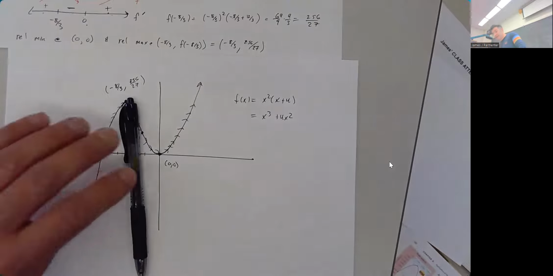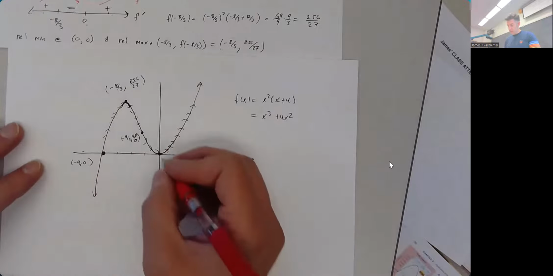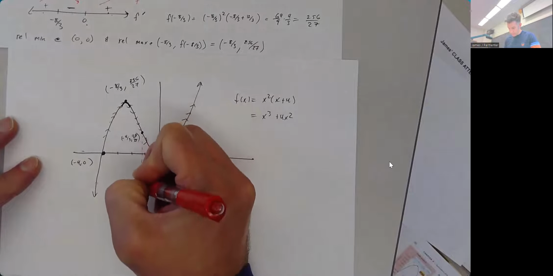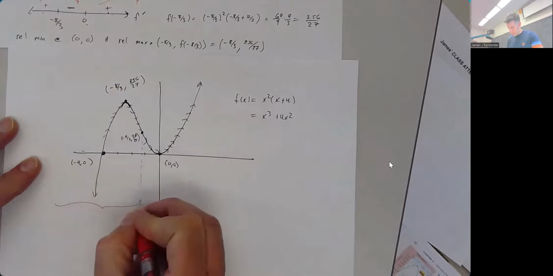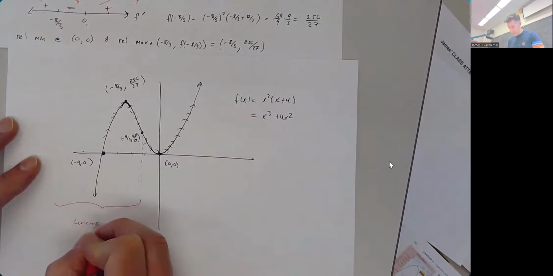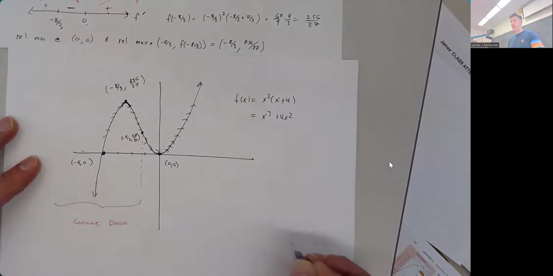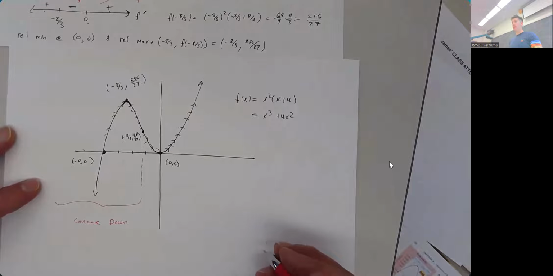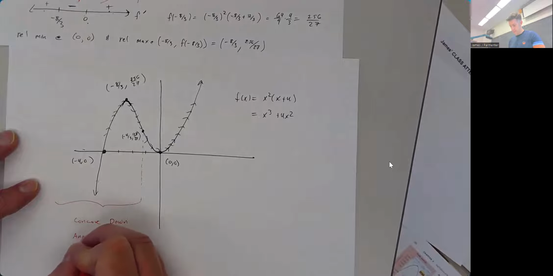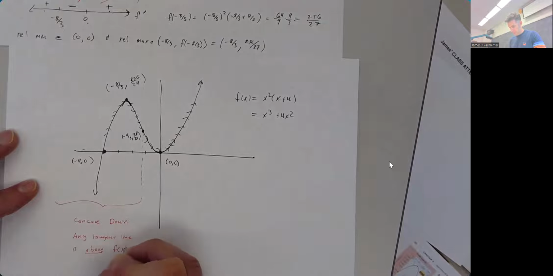And again, I'm going to say this again because I think it's nice. In this section here, where it's concave down, any tangent line I draw is above the function.